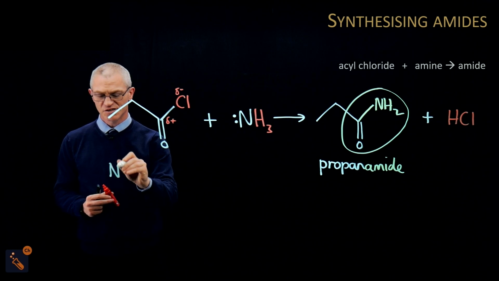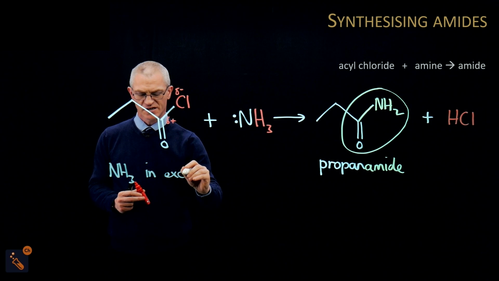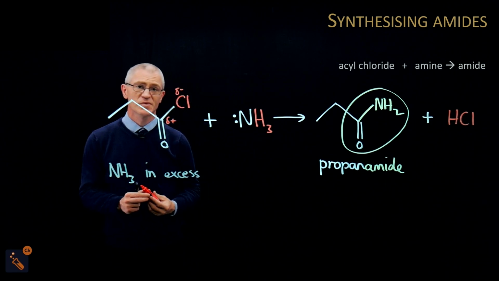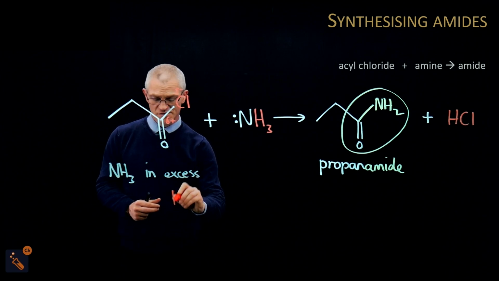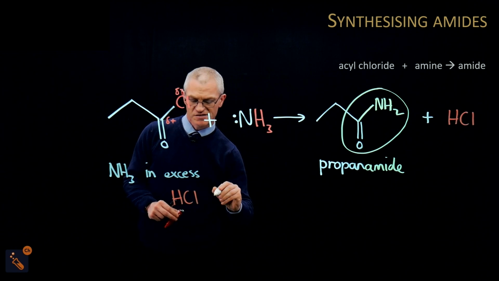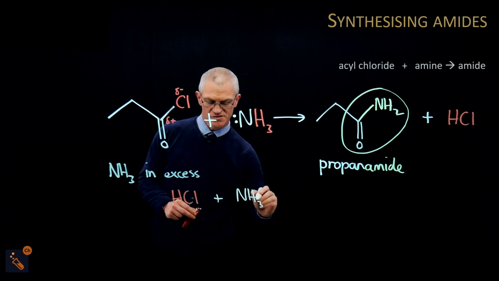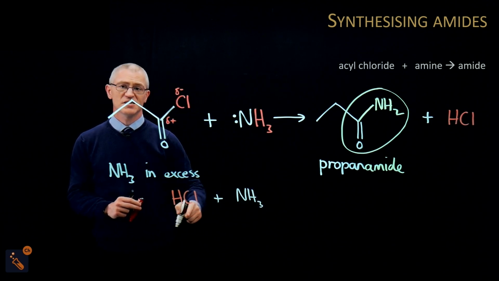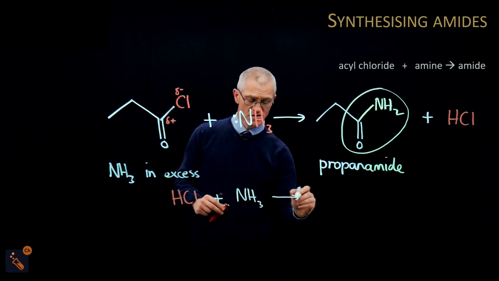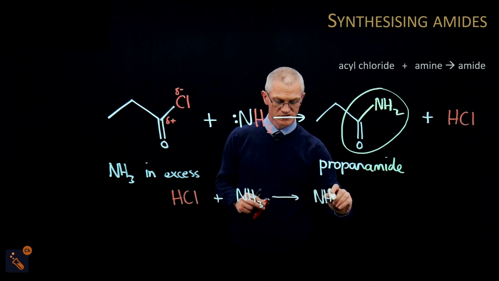So if the NH3 is in excess, because sometimes in questions it is, that means that the HCl can react with the excess NH3. And if HCl reacts with the excess, that's only if the NH3 is in excess, you can also have another product formed, which is NH4Cl.